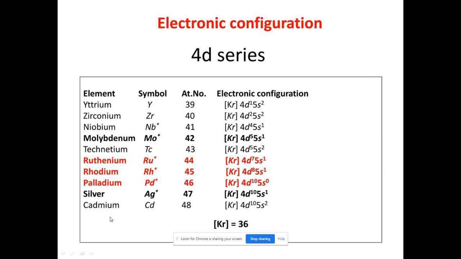The last element is cadmium, whose symbol is Cd with the atomic number 48, electronic configuration krypton 4d10 5s2. You can also observe the change in the configuration of niobium as well as ruthenium, rhodium and palladium. All of this is because of the nuclear-electron and electron-electron forces.